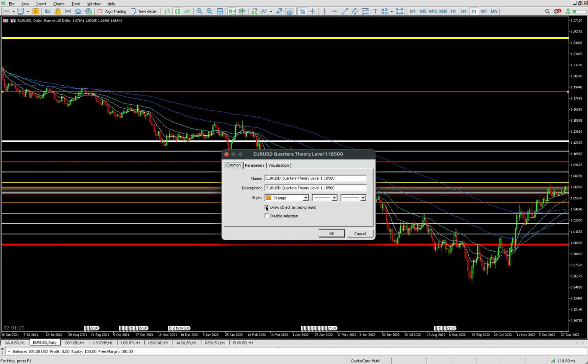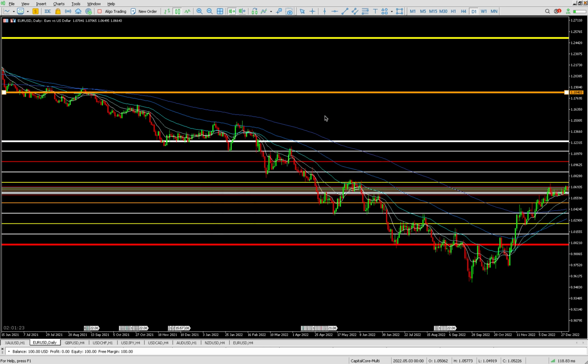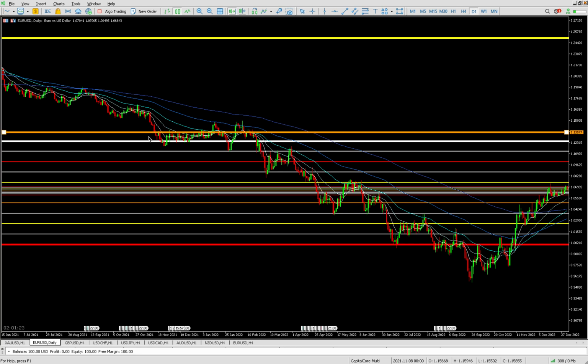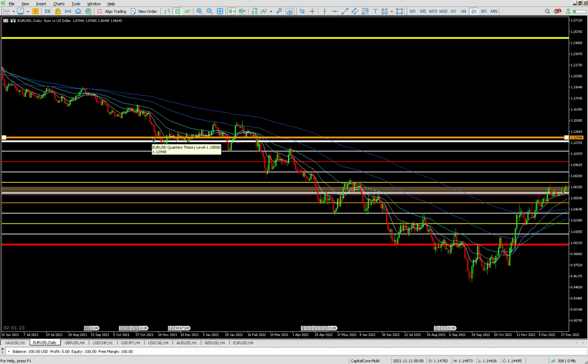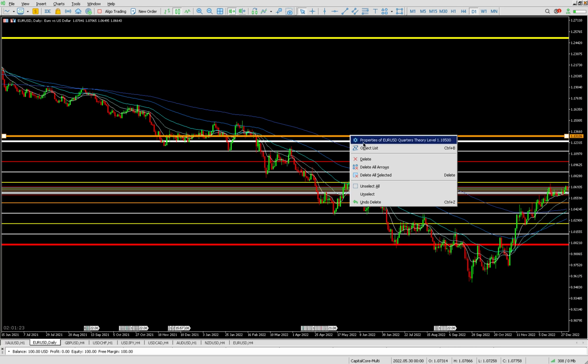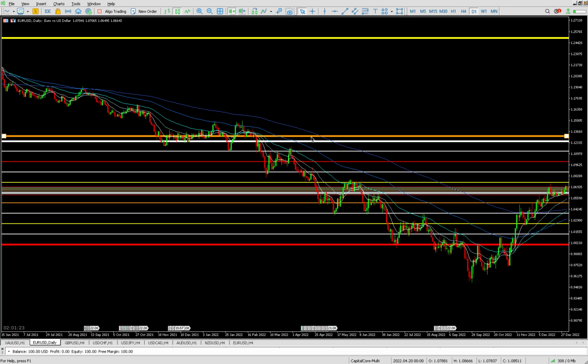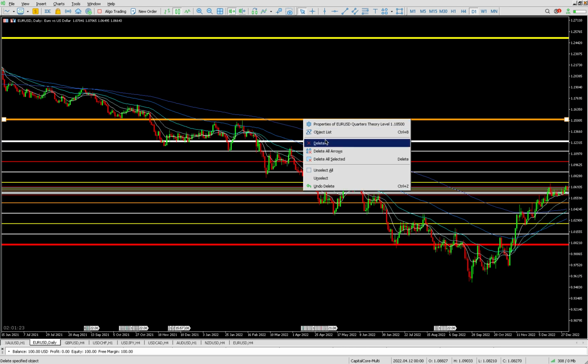Make sure you have draw object as background selected. Otherwise, I'll show you, it will actually block price. You see how you can't see price when you move over like that? But if you have this selected, now all of a sudden it's behind price, so you can see.